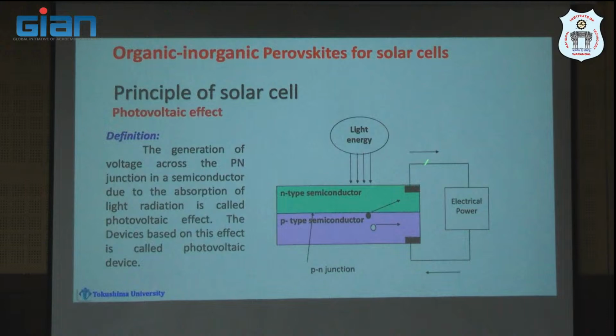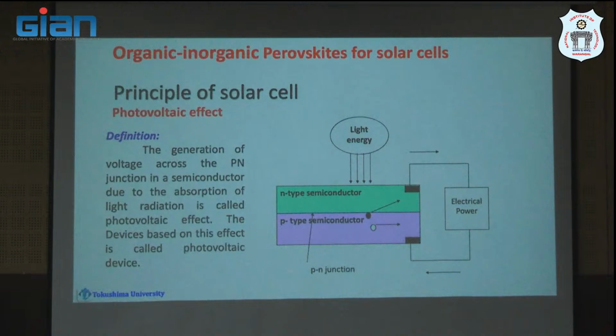Light is coming on this, okay? This is the light energy. This is the N-type semiconductor, this is the P-type semiconductor. Light is coming, there is a change in the voltage across the junction, and this change in voltage is nothing but photovoltaic. Photo, again light, voltage.